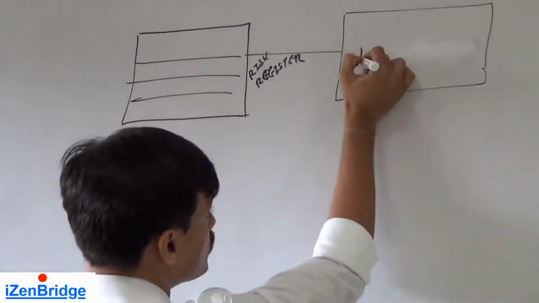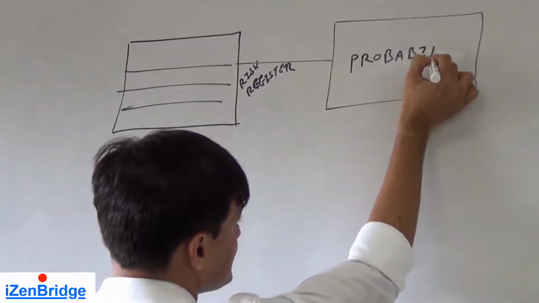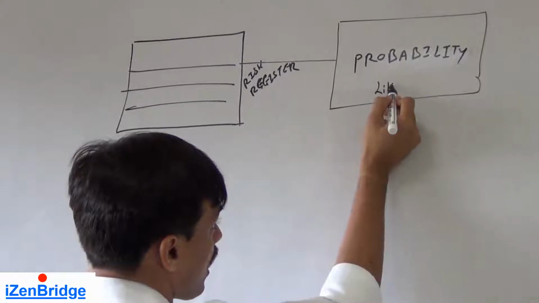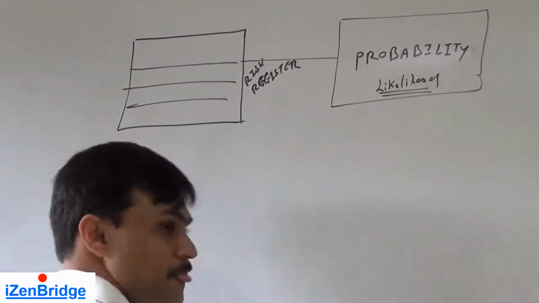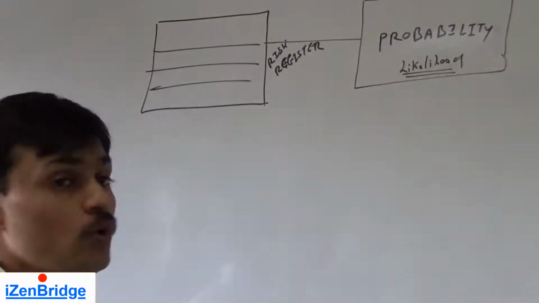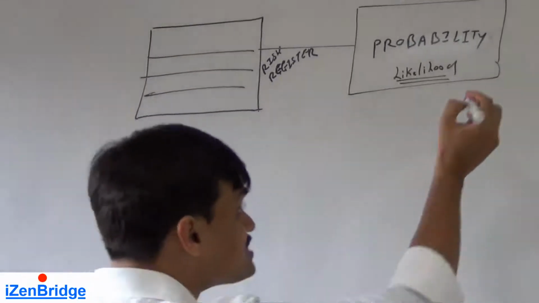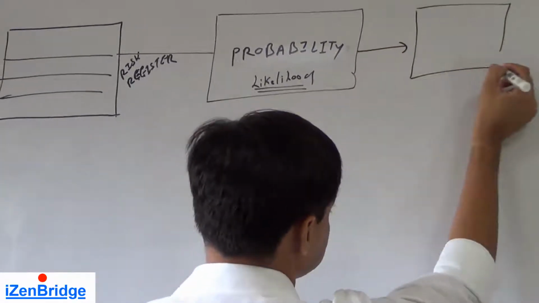Likelihood can be assessed by way of probability. It tells us how likely this risk is to happen.